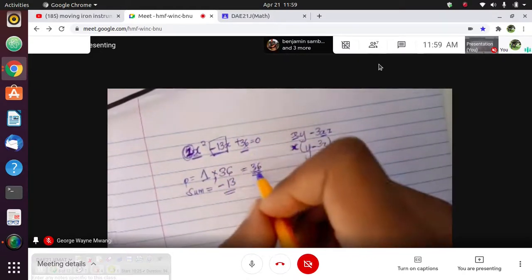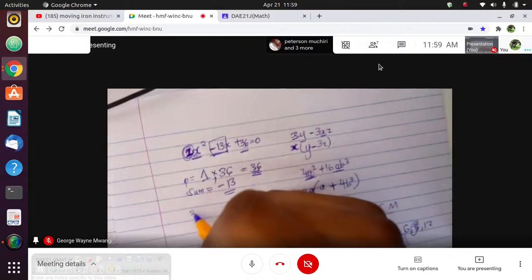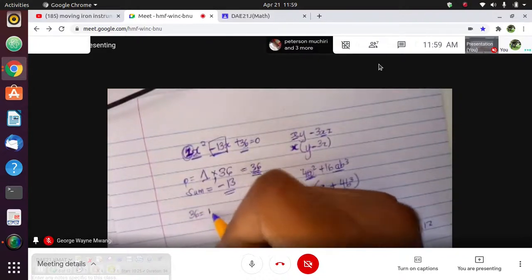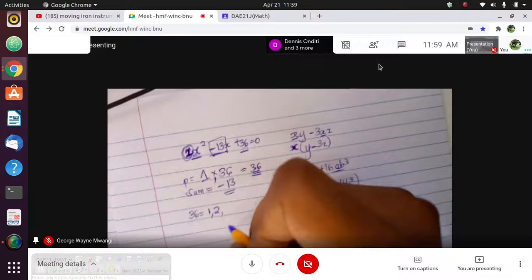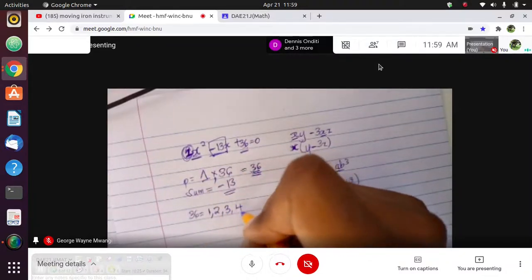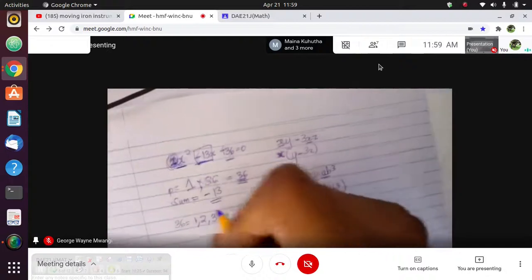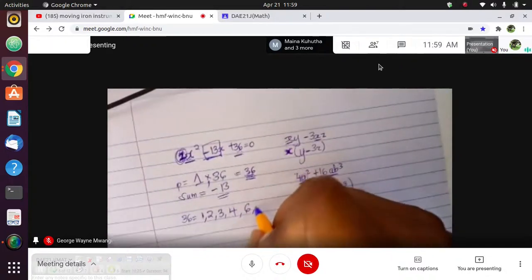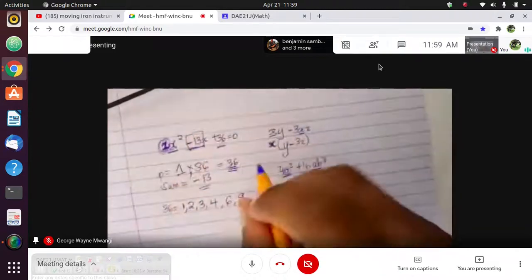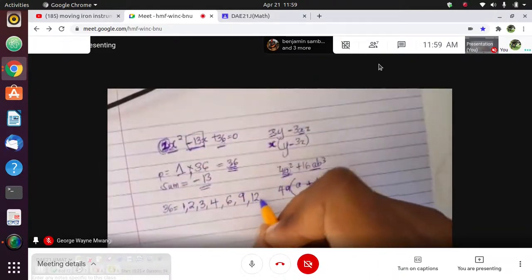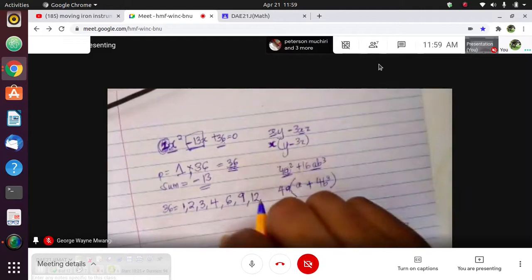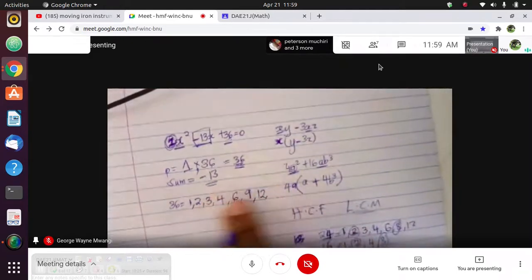Now, tuangalie factors za 36. Factors za 36 ni 1, 2, 3, 4. We cannot divide 5. 6, 7 no, 8 no, 9, 10 no, 11 no, 12. Na kuendelea hivyo. Now, which two factors of 36 will I multiply to get 36?